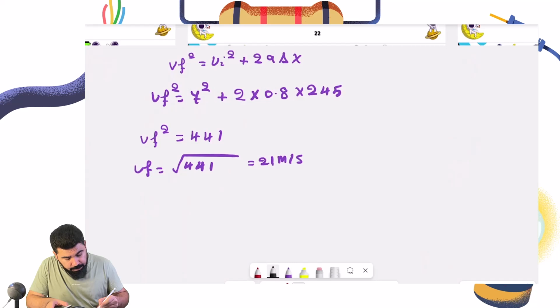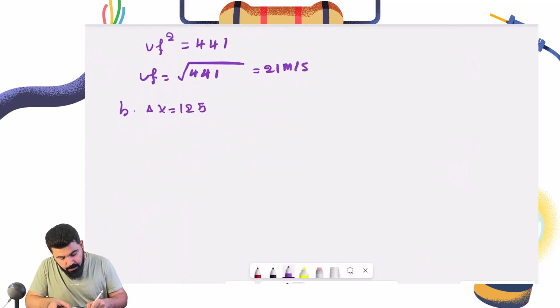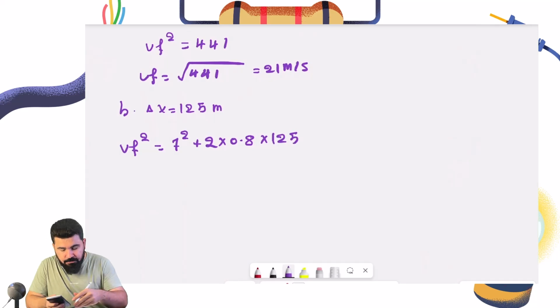What about part B? Part B, okay, this was A. Part B, what if delta x is equal to 125 meters? We're going to use the same equation, just change delta x. So V final squared is equal to 7 squared plus 2 times 0.8 times 125.